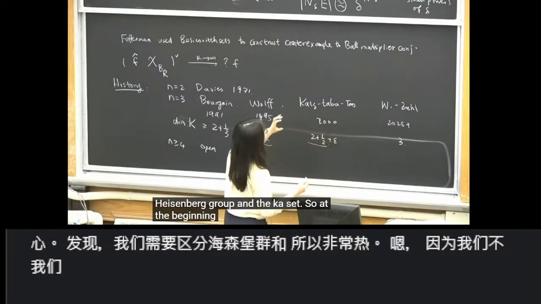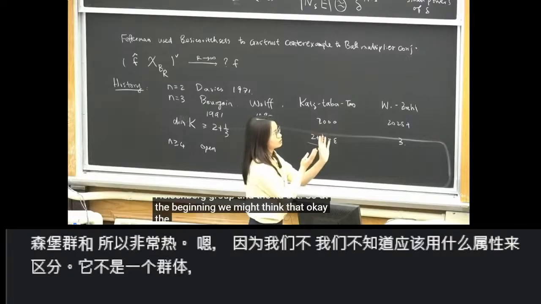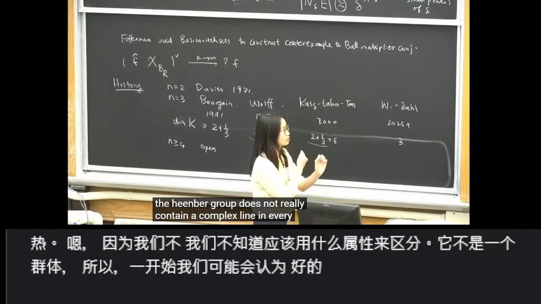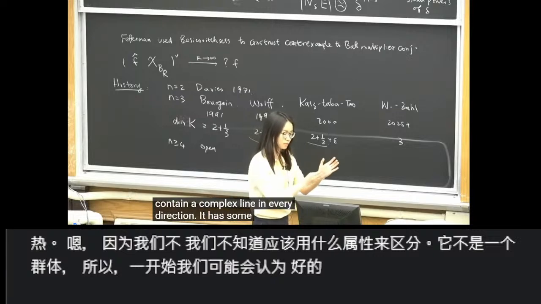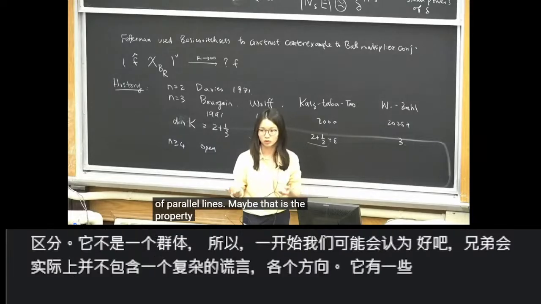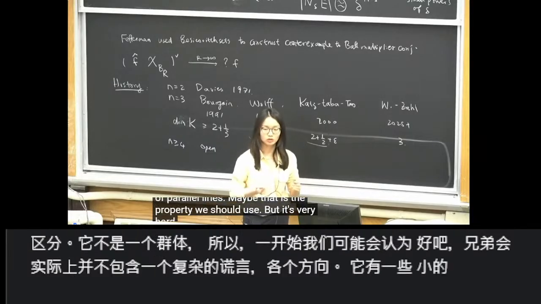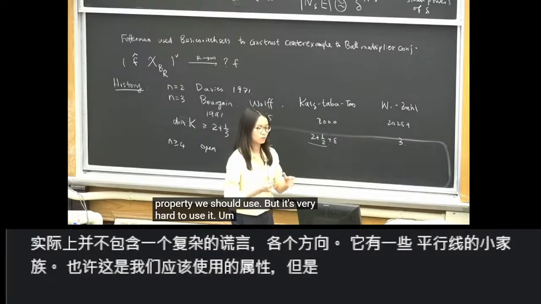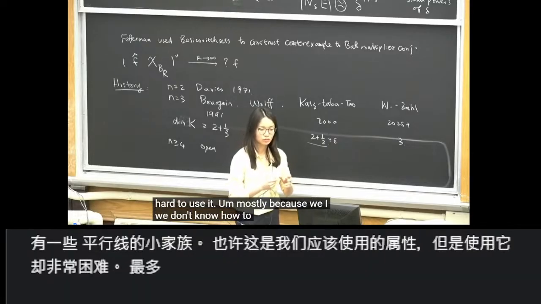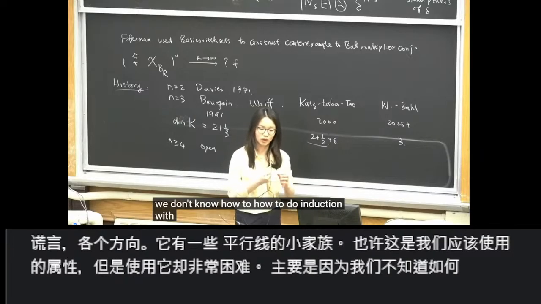At the beginning, we might think that the Heisenberg group does not really contain a complex line in every direction; it has some small family of parallel lines. Maybe that is the property we should use, but it's very hard to use, mostly because we don't know how to do induction with this property.